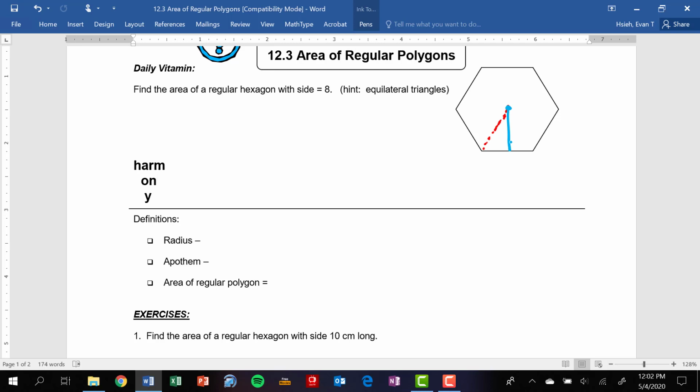If I look at a problem like this one up top, and I want to find the area of a regular hexagon with a side of 8, one thing I can do is split this regular polygon up into a bunch of equilateral triangles.